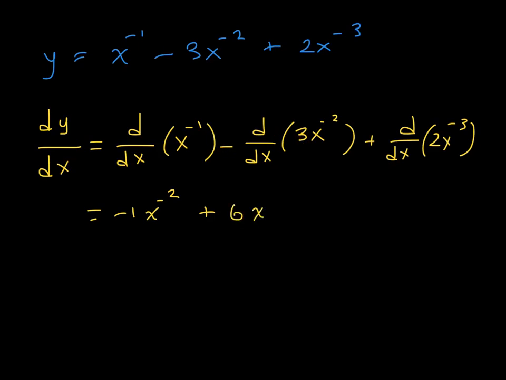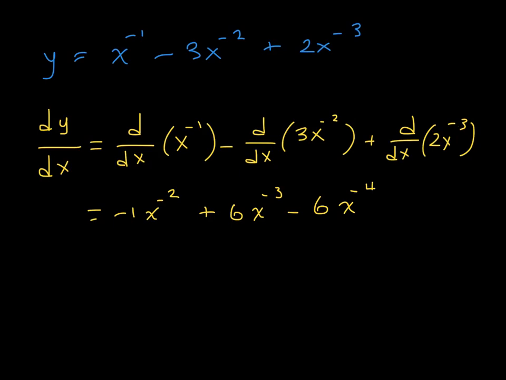And this is now x to the power of negative 2 minus 1, which is negative 3. And then this addition will turn into subtraction because 2 times negative 3 by the power rule would be negative 6. So this is really minus 6. And then this is x to the power of negative 4 because negative 3 minus 1 is negative 4.